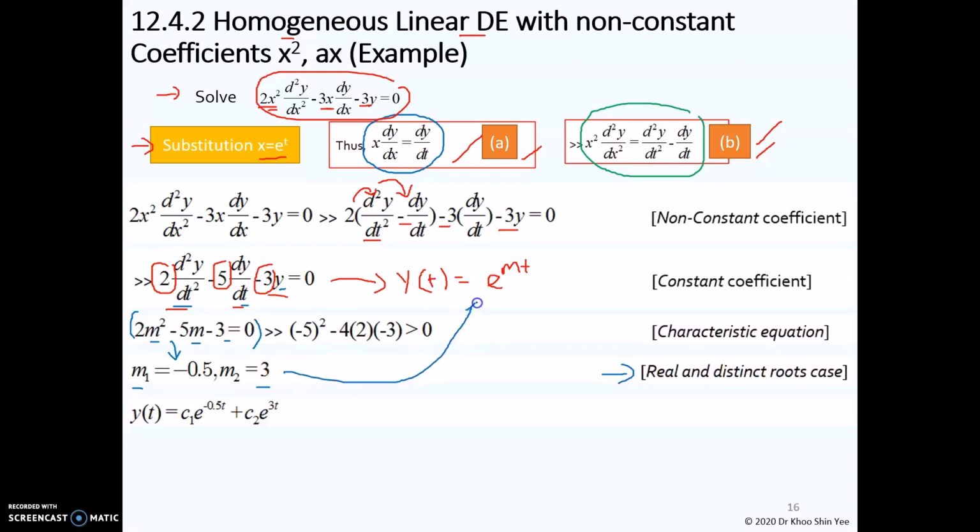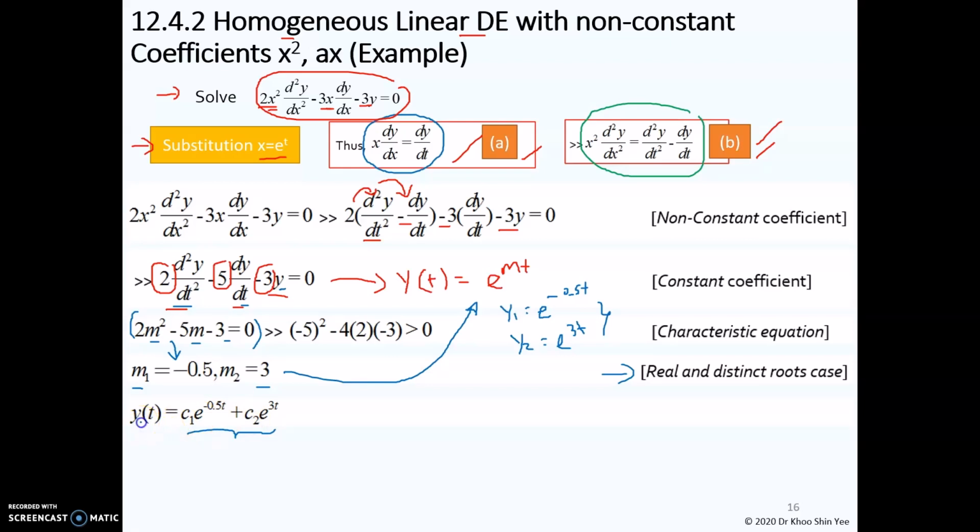Substitute the roots inside the solution, you obtain your y1 equal to exponential negative 0.5t, and your y2 is equal to exponential 3t. Since both of the solutions are linearly independent, therefore we can combine them using this linear combination.